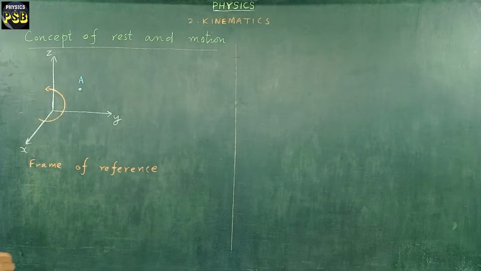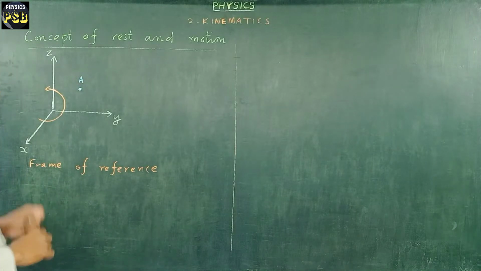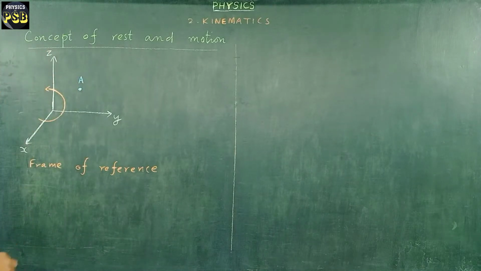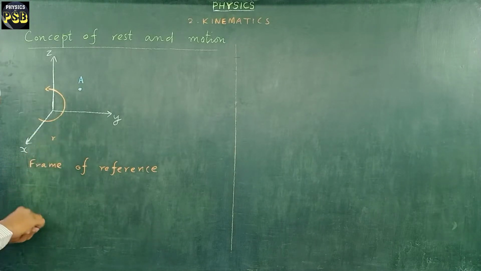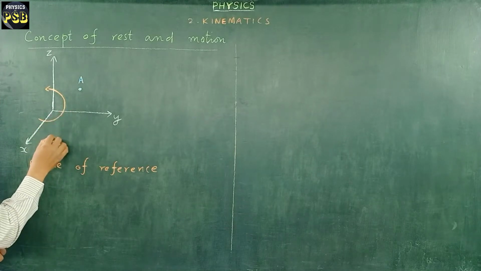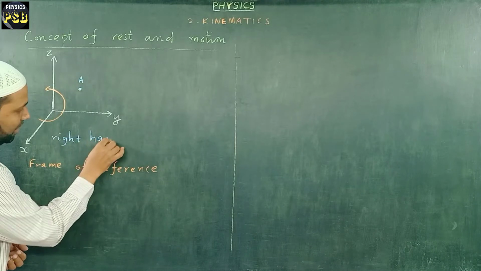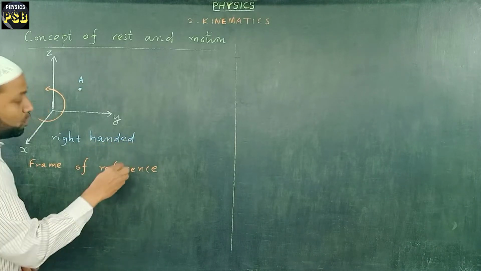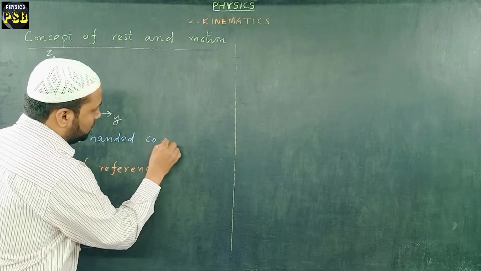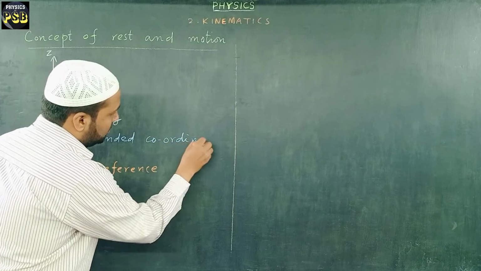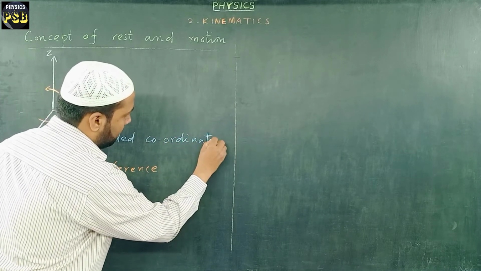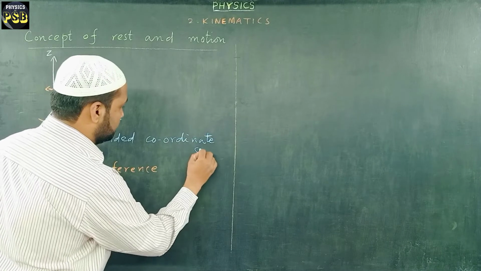Such a coordinate system in which axes are arranged in anti-clockwise direction is called a right-handed coordinate system.